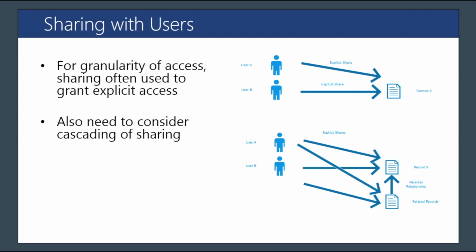So let's say we have a record that has many child records via a parental relationship. Not only is the record that you're directly sharing shared, but also all of those child records that are related to the record. So it might not be one record that's shared, it might be 50 records that are shared with that user.